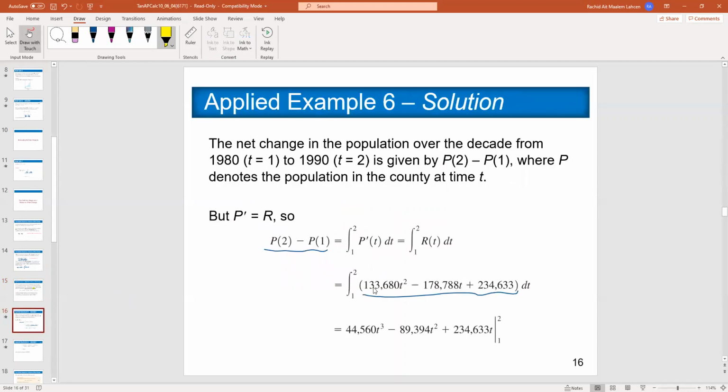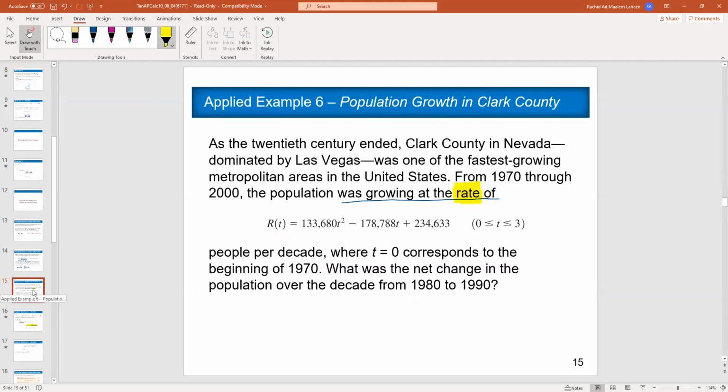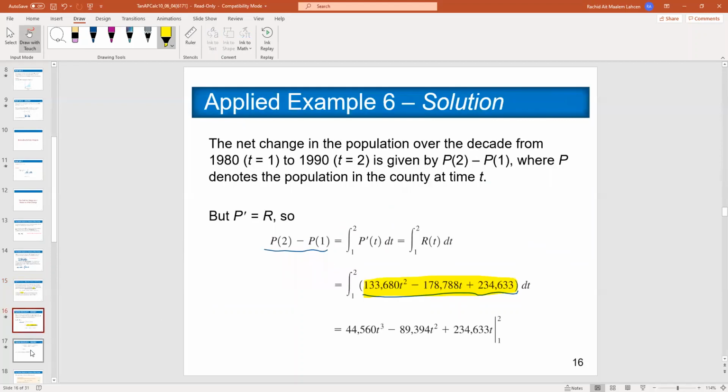So when you set up, it is coming here, between 1 and 2, because 1990 is going to be 2 and 1980 is 1, and again 1970 is 0, and this is in decades, just like we did with the other examples. Go back and forth until it clears up, then you move on. So this is a rate, that's why we put it there.